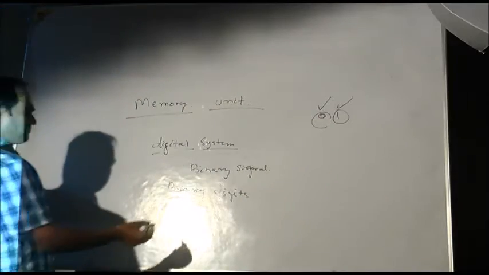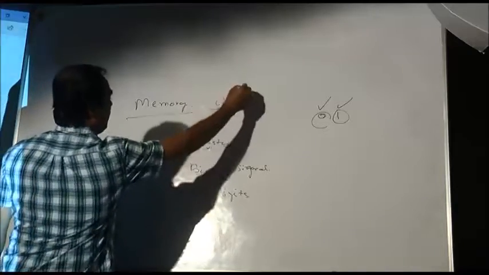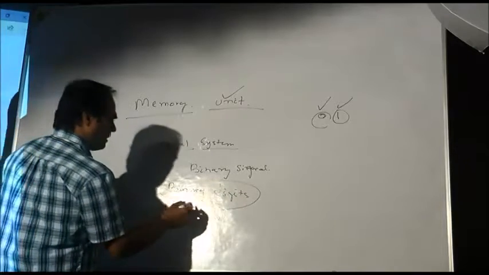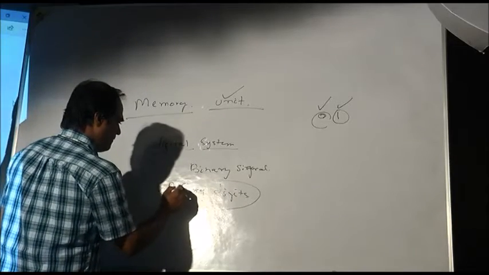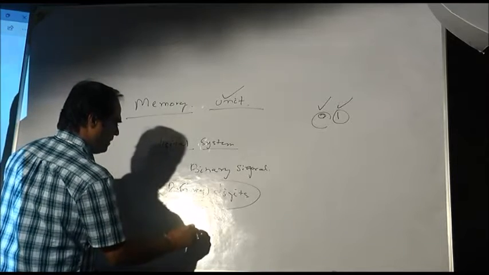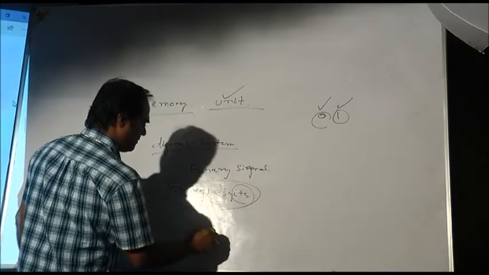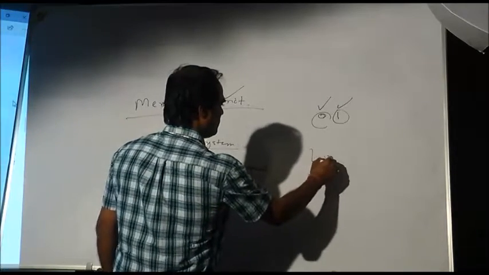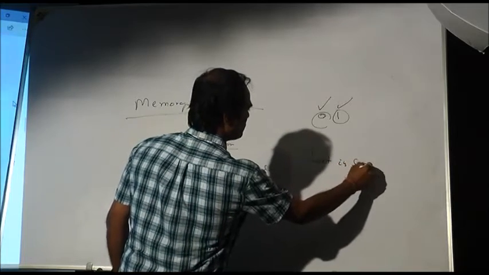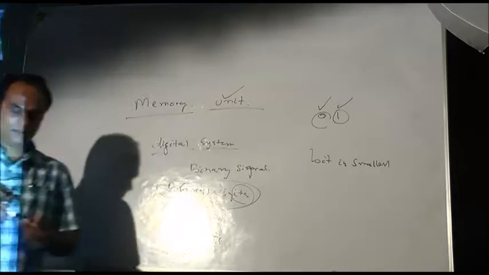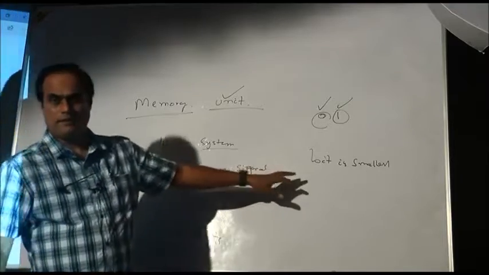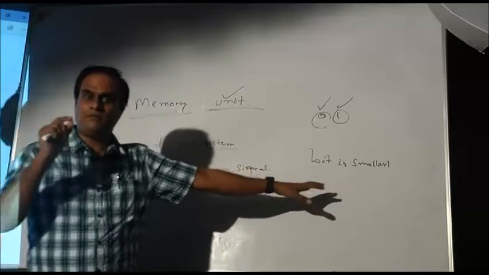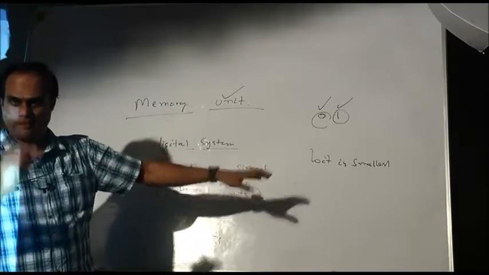So how are we getting this memory unit? From the binary we take the B and from digits we take the bits. That is why the bit is the smallest unit of the computing or memory system.